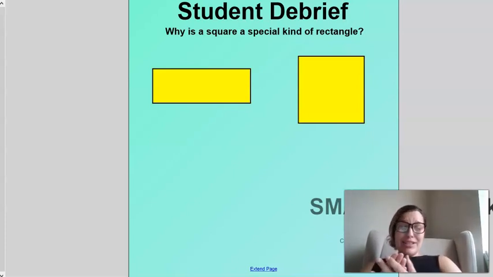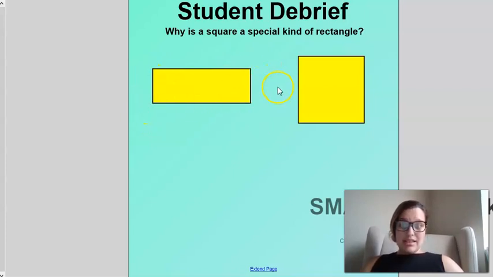So why is a square a special kind of rectangle? Does anyone remember? Let's see. How many sides does it have? Is this a square? No, that's a rectangle because it has the 2 long sides and the 2 short sides. Let's look over here though at our square. Why is it so special? Why is it still a rectangle?